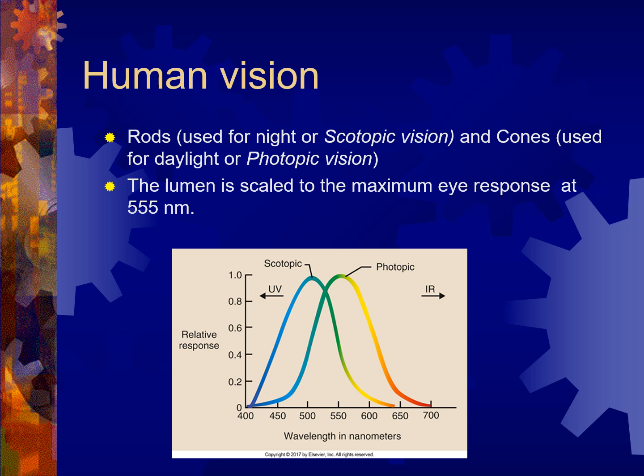Some types of cones are sensitive to red light, other types of cones are sensitive to green light, and then the third type of cones, along with the rods, are sensitive to blue light. And so human beings can essentially see three colors, and dependent upon the relative intensities of those, determine what your brain interprets the color to be.